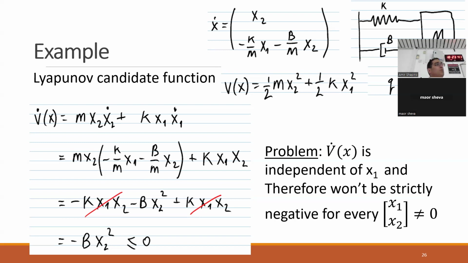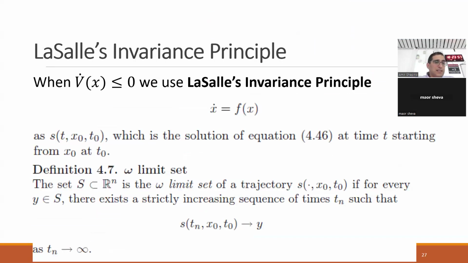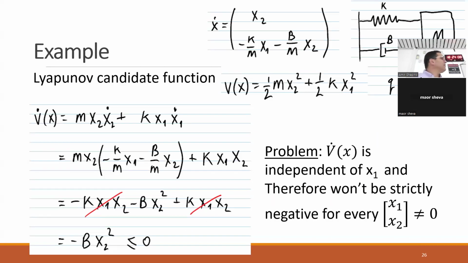In that case, we need to take into account the dynamical system and see how the dynamical system behaves. And there is a principle called LaSalle's invariance principle that dictates how the system behaves in such a case, where v dot does not depend on the entire state space, x1 and x2, but only on part of it.